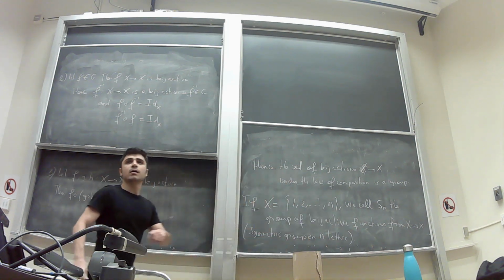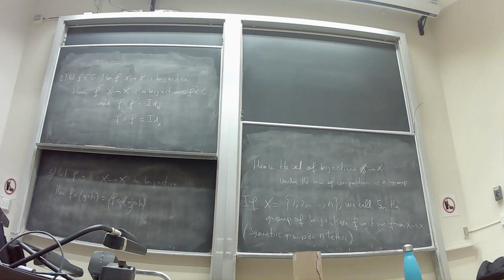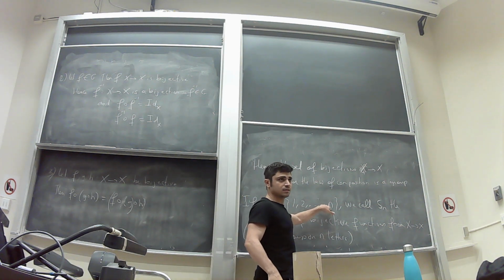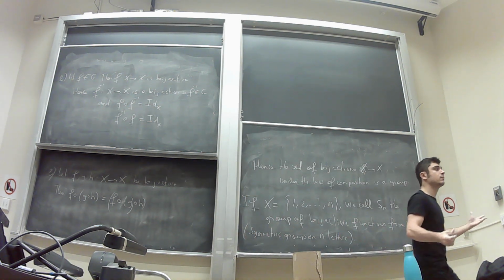The symmetric group on n letters is the set of all bijections from 1, 2, up to n to itself. Okay? That's it.